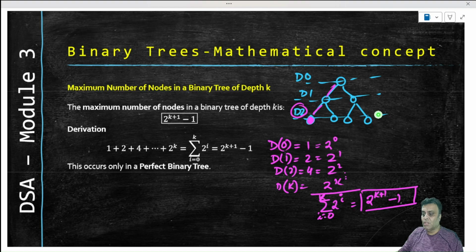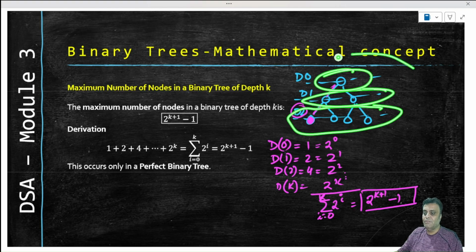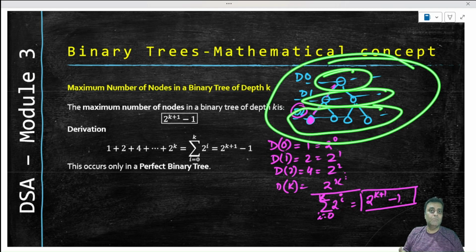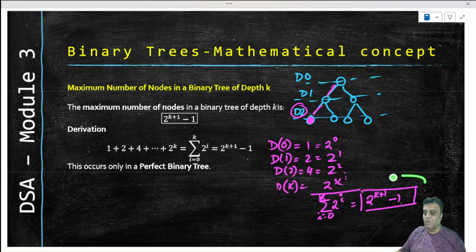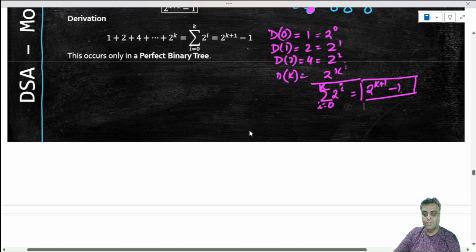So we said, okay, you are at depth 2, you will have 4 nodes, then 2 nodes, then 1 node. Then we summed up all of this, that is my total number of nodes, right? And that formula came to 2 to the power K plus 1 minus 1, which is the maximum number of nodes of a binary tree of depth K. So that's on this particular topic.